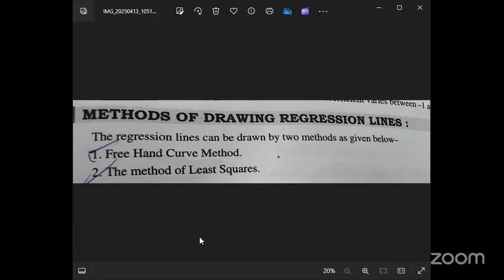Before going to problematic things, I would like to share the formulas with you that will help you to do the problems.